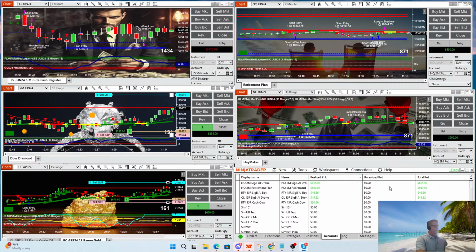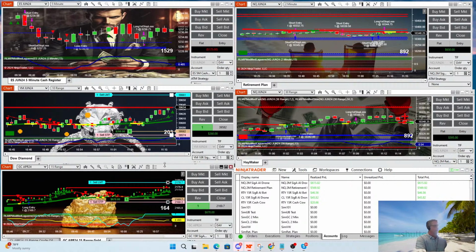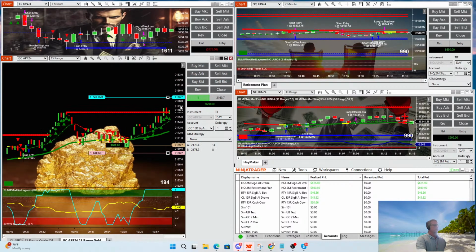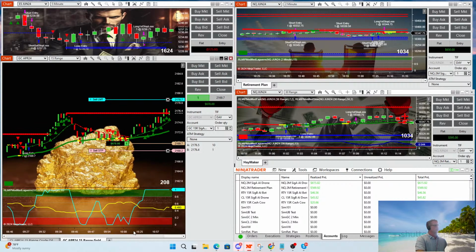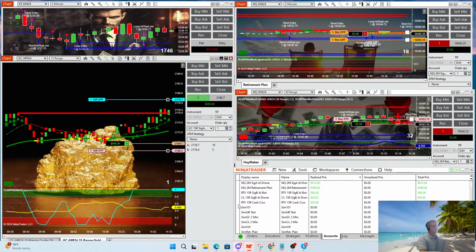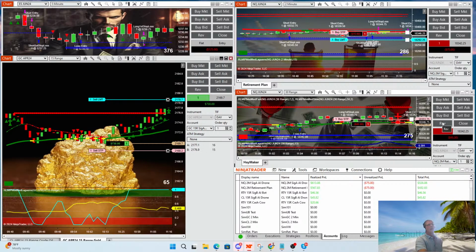Gold's trying to get through that area of resistance there. This is where it failed to reverse last time. Took a short entry on that retirement plan now. Let's take a look at the trade.